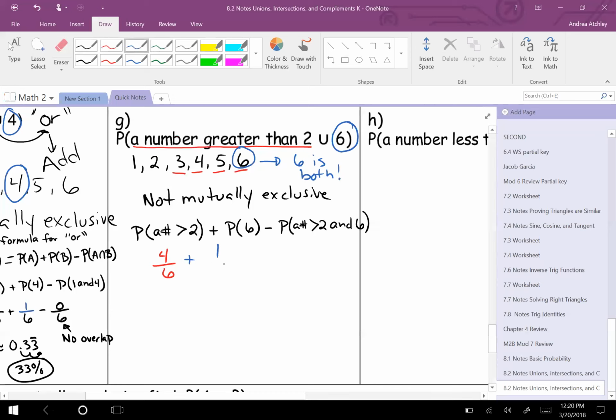There's only 1 six on the number cube. Okay, and then how many numbers are both? Okay, the 6 is both. So minus this guy here, 1 out of 6.